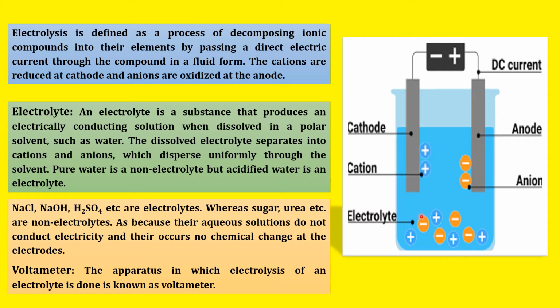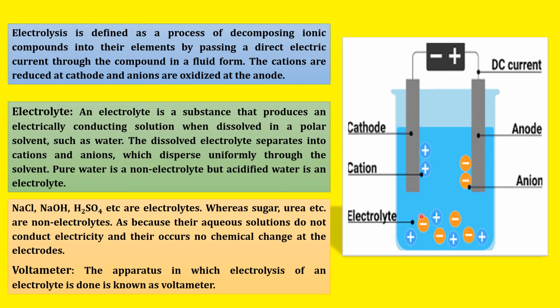That means each electrode carries the opposite sign of the ions that it receives. One more time, cation is positive, cation goes to cathode, that's why cathode is negative.